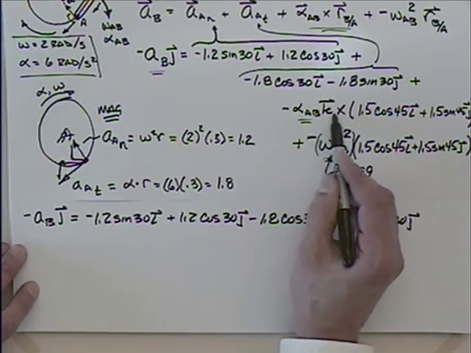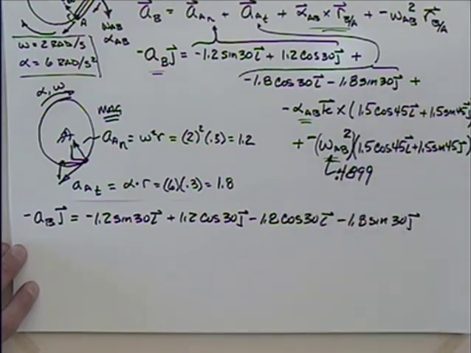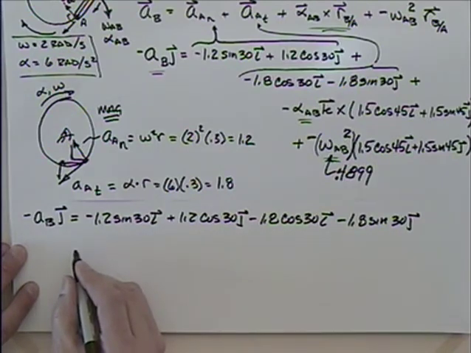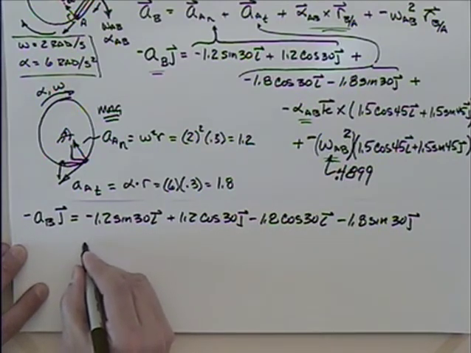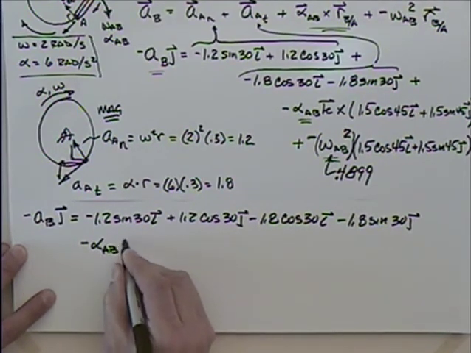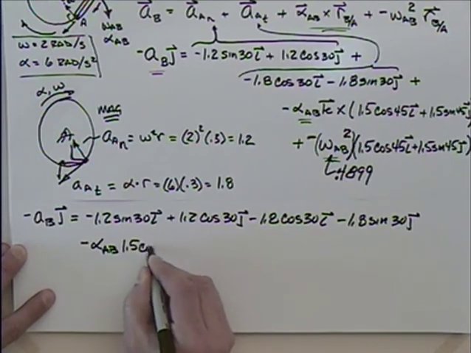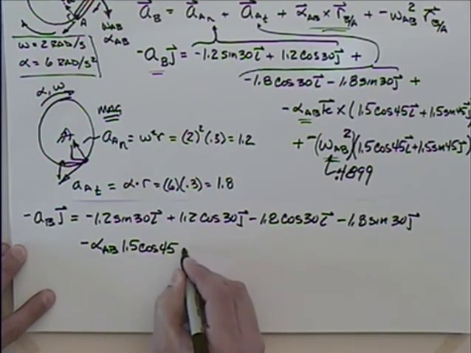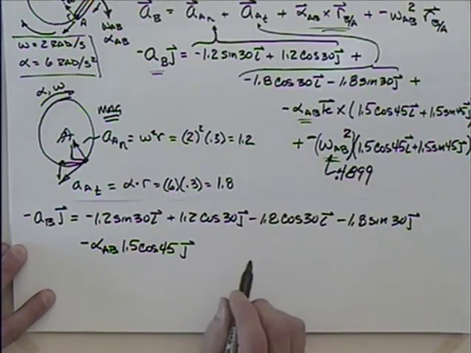this term here, alpha in the K direction crossed with that in the I. So what's K crossed with I? Should be a positive J, shouldn't it? So I will have minus alpha AB times 1.5 times the cosine of 45, and that's going to be K crossed with I is J. The negative sign stands.